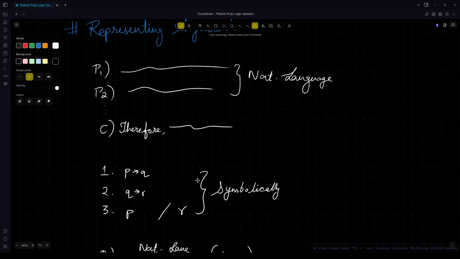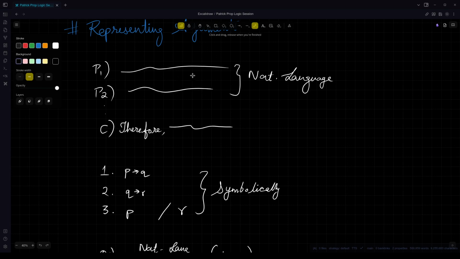And symbolically, this is premise 1, premise 2, premise 3, and the slash represents the conclusion. Instead of writing therefore, we just put a slash and we write the conclusion at the end of the last premise. So this is the example.